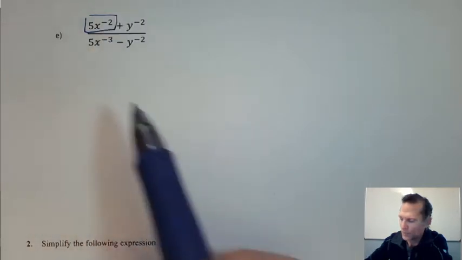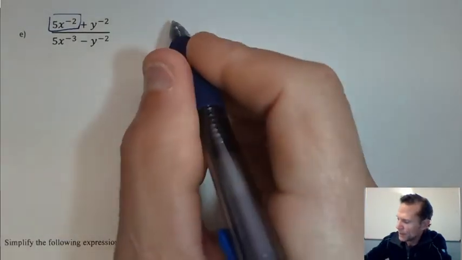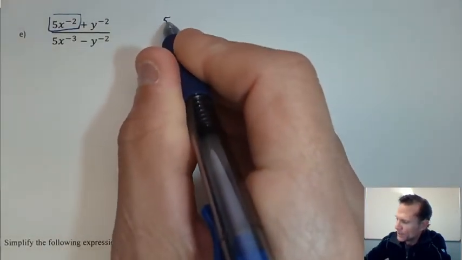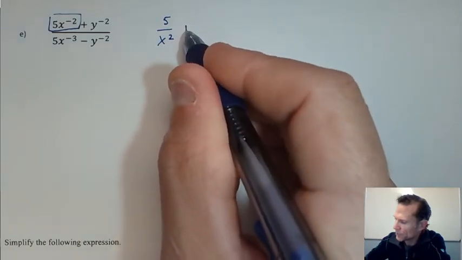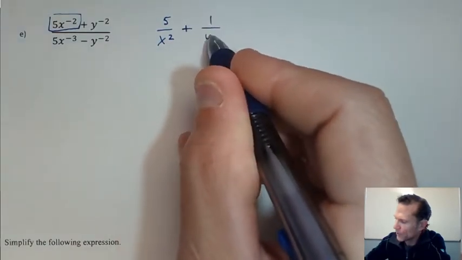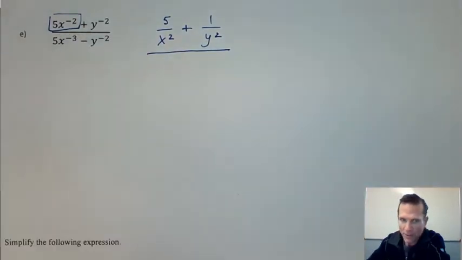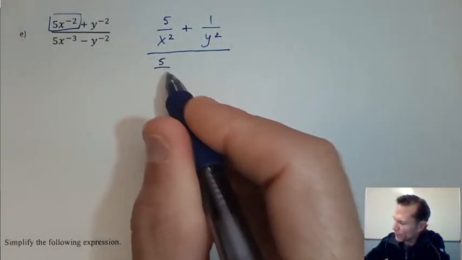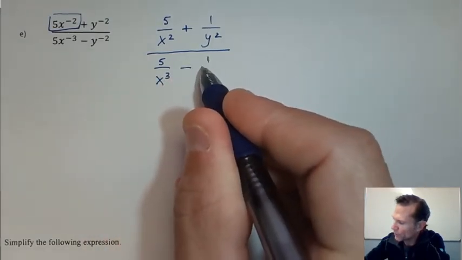So what I would recommend doing is writing this down when you copy it out of the Hawk system like this. You could copy this down as 5 over x squared plus 1 over y squared, big fraction bar, 5 over x to the third minus 1 over y squared.